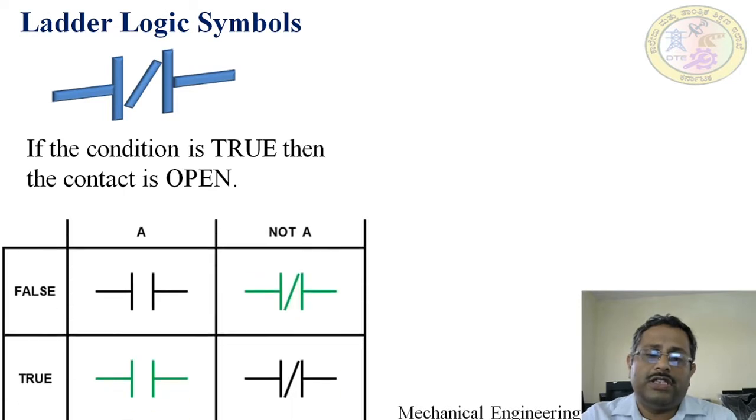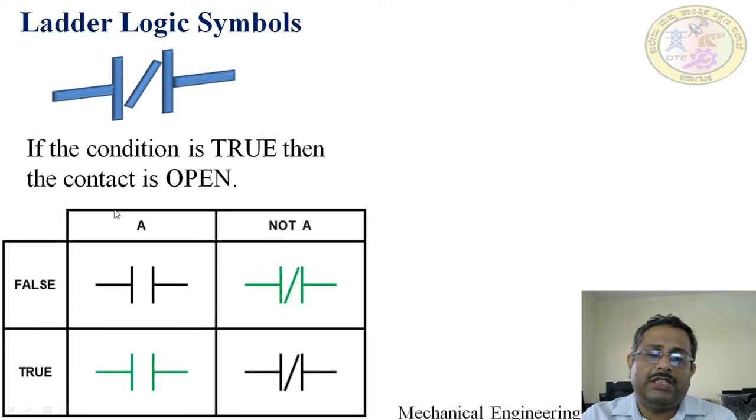Here this table represents the normally closed contact operation. If the condition is false, the normally closed contact is true, which is represented by green. If the condition is true, the normally closed contact is open, meaning false, which is represented by the black line.